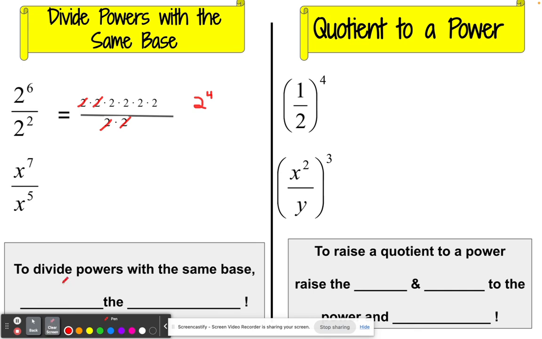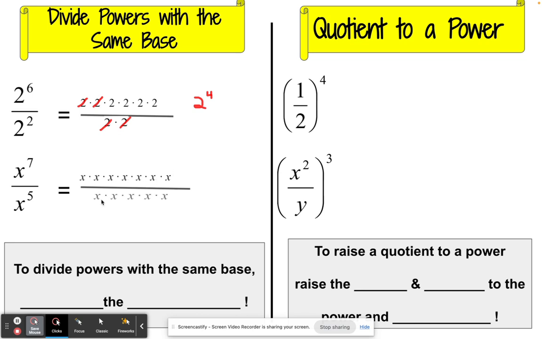Let's look at the next part. So x to the 7th power divided by x to the 5th power would be the same as x times x times x times x times x times x times x over x times x times x times x times x.